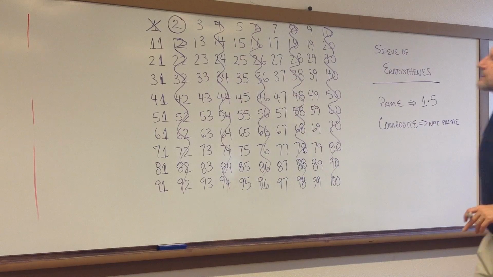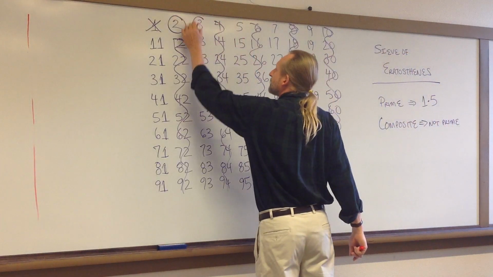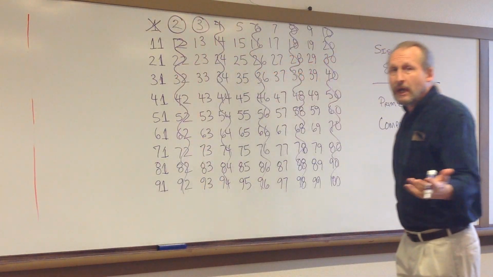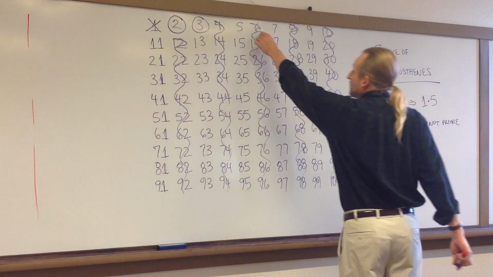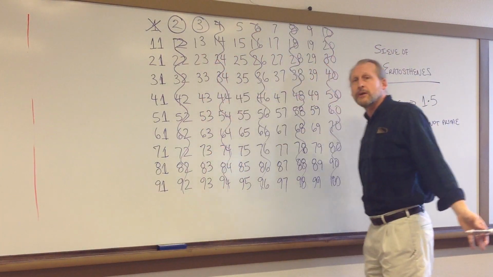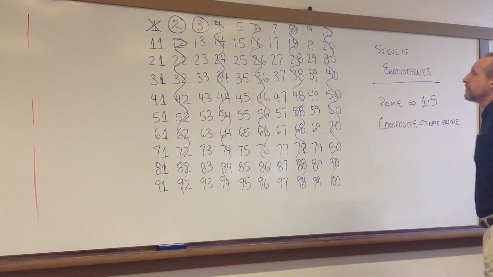All right. The next number is 3. Now we can go through and cross out all the multiples of 3. Now all the even ones like 6 and 12 are going to be crossed out already because they're also multiples of 2.